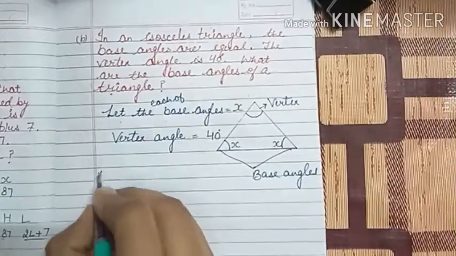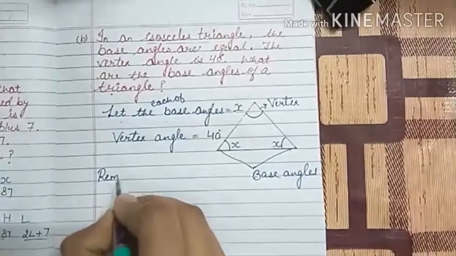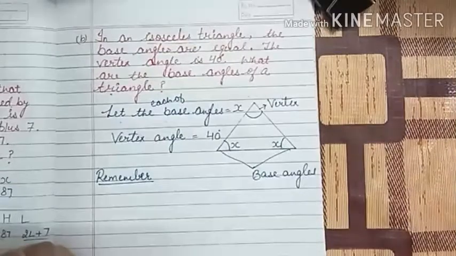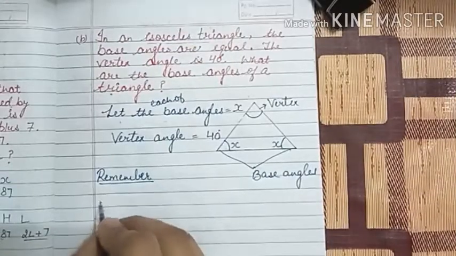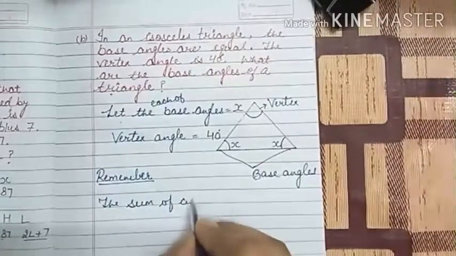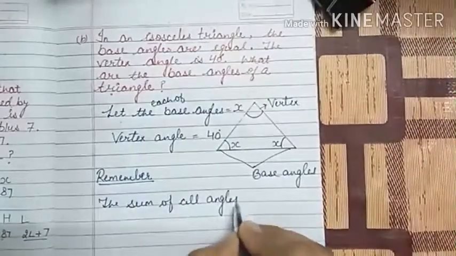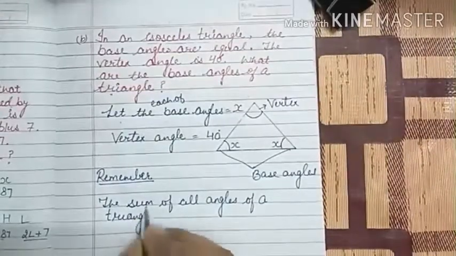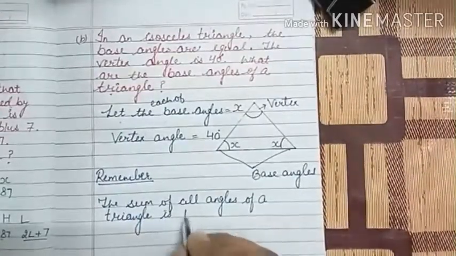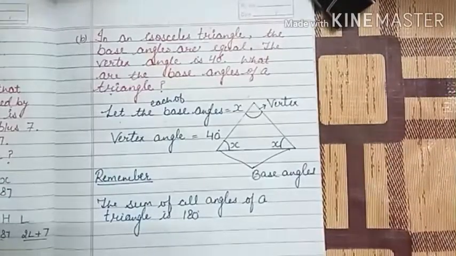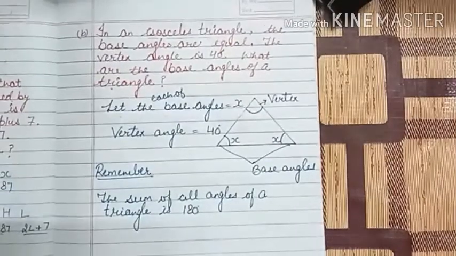And in exercise 4.1 I told you one property, the angle sum property, so you have to remember this property. It is that the sum of all angles of a triangle is 180 degrees.